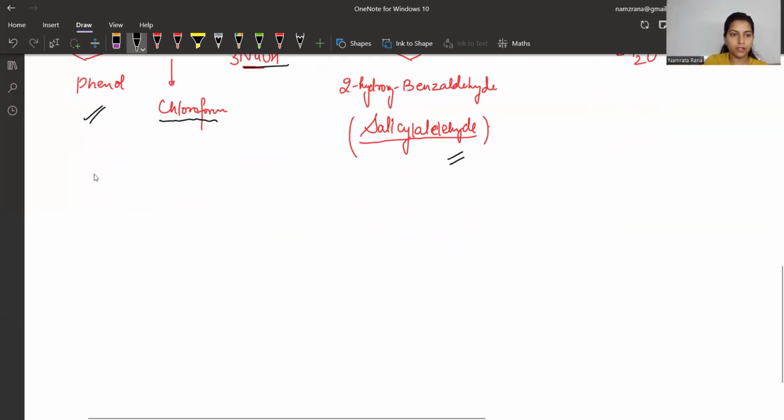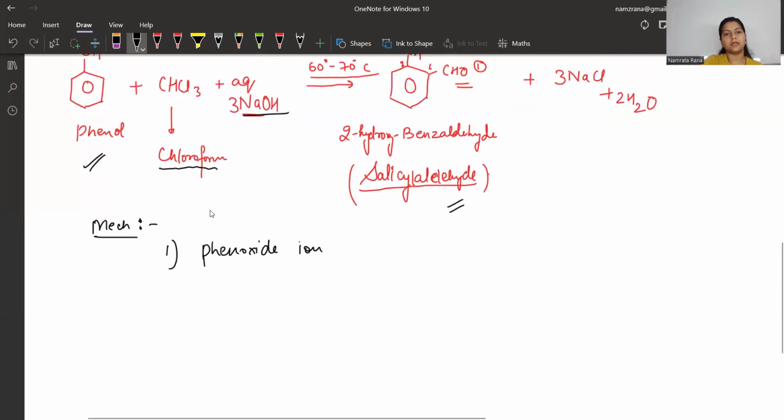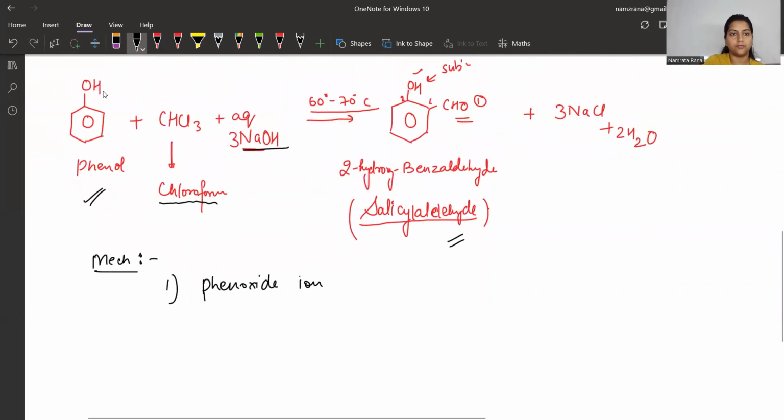Now, if I want to study the mechanism of Reimer Tiemann reaction, I'll categorize it into 2 steps. First is the formation of phenoxide ion. What is phenoxide ion? Now, if you consider the reaction, this is your phenolic part.